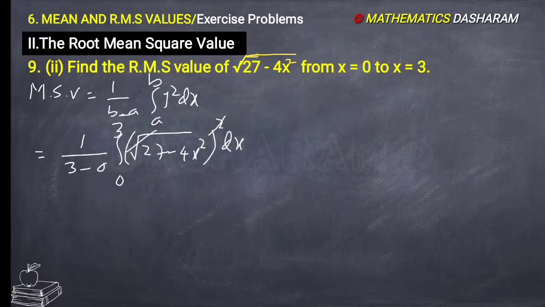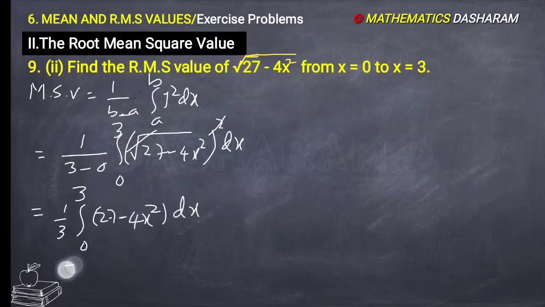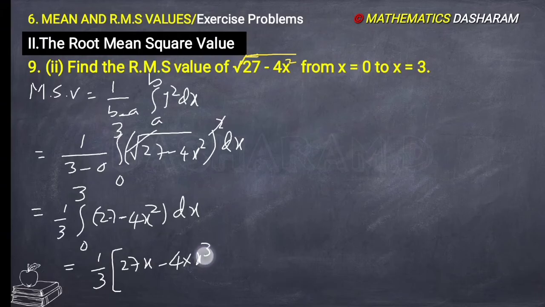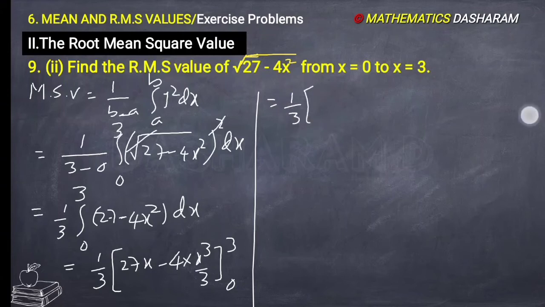Here the square root cancels: 1 by 3 into integration 0 to 3 of (27 minus 4x square) dx. So 1 by 3, 27x minus 4 into x cube divided by 3, from 0 to 3.